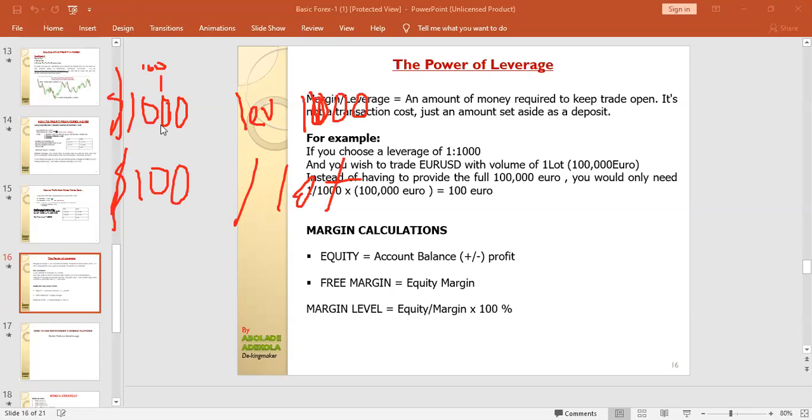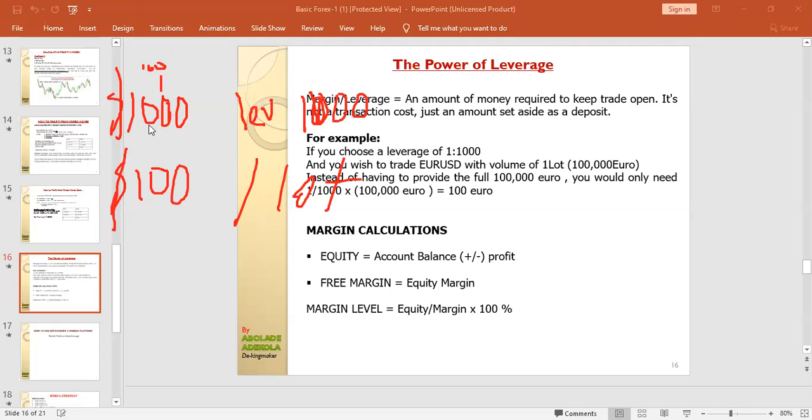I hope this is clear to you guys, because you are choosing the leverage 1 to 1000. So for you to trade 100,000 units, which is one full lot size, you need to deposit $100 based on this leverage.